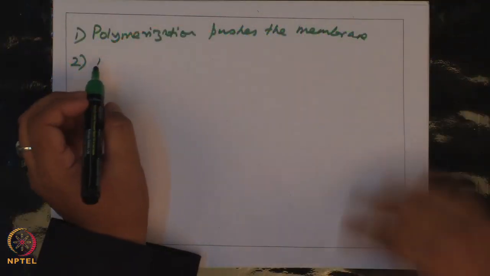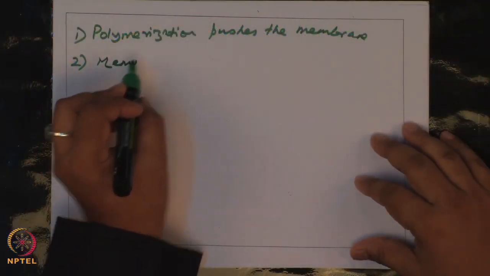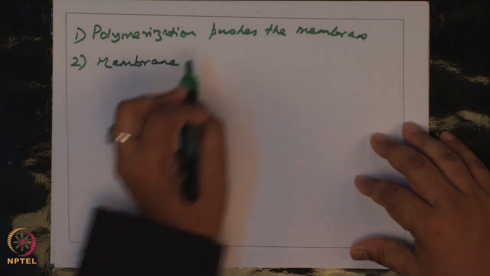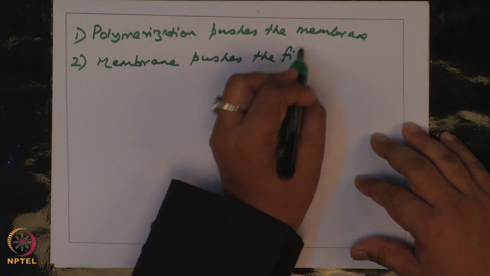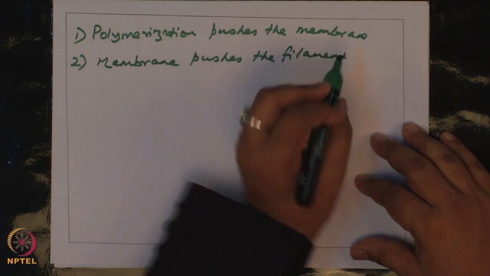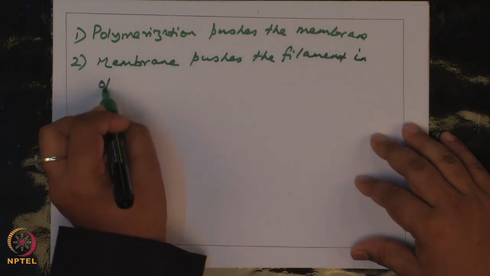So, if the polymerizing actin filament pushes the membrane, the membrane will push the filament back, in the opposite direction.